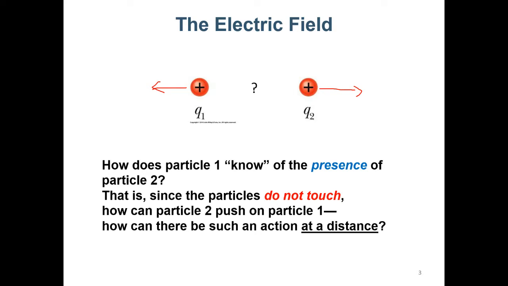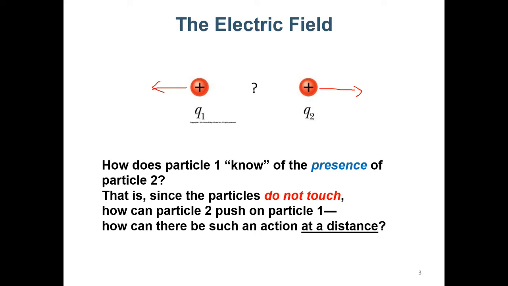So it's something strange, right? Because if I try to push you, then you should know I'm pushing you, then you fly away. But this one, they do not touch. They have a distance, but actually Q1 pushes Q2 away and Q2 pushes Q1 away in the opposite direction.